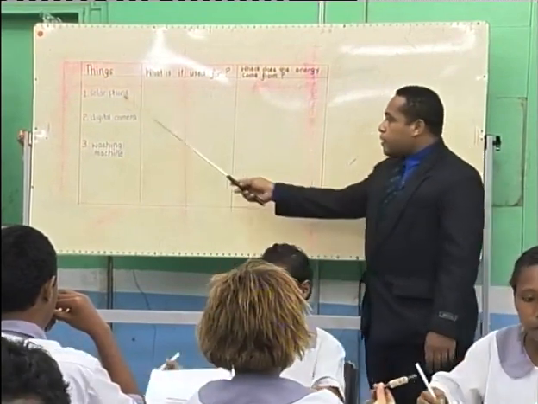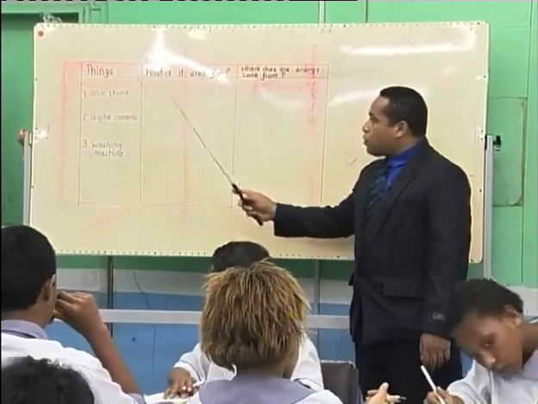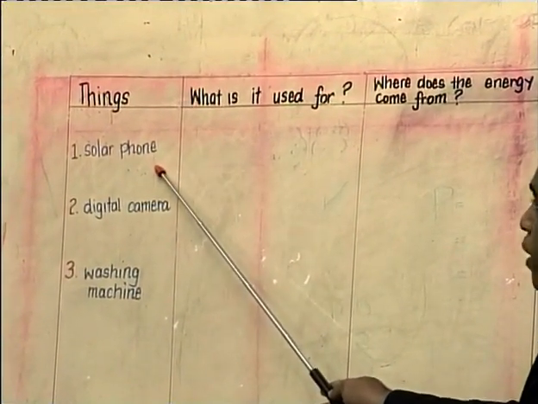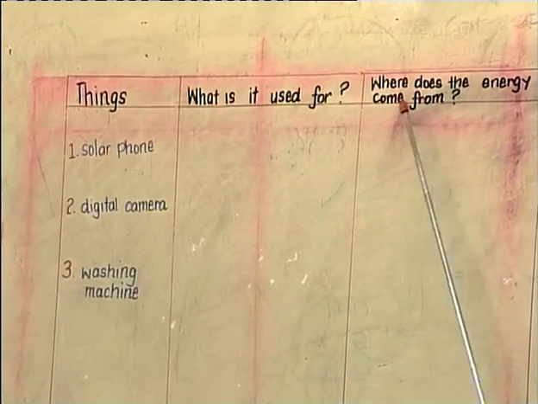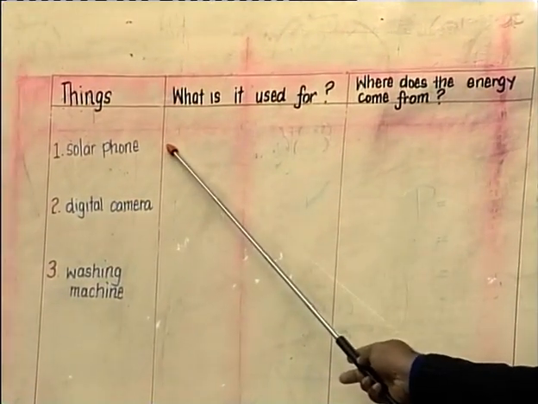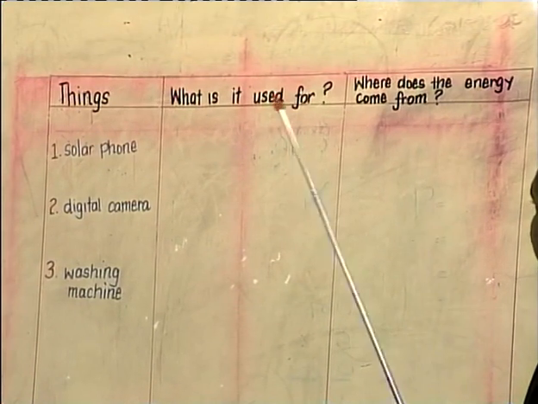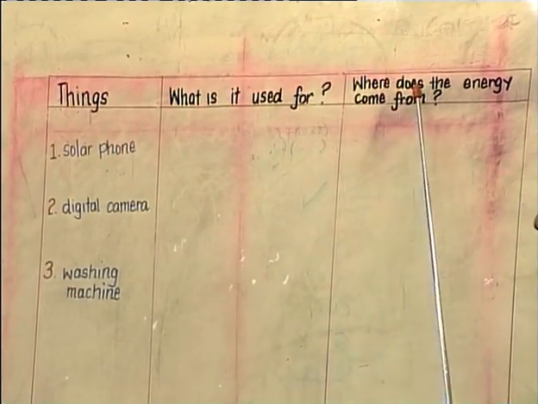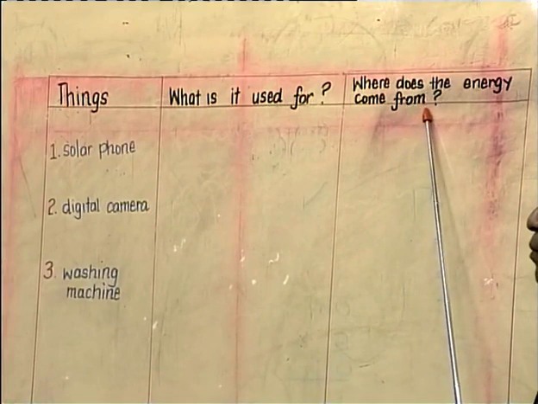So like, number 1, solar phone. What is it used for? What is the solar phone used for? And where does it get its energy from?